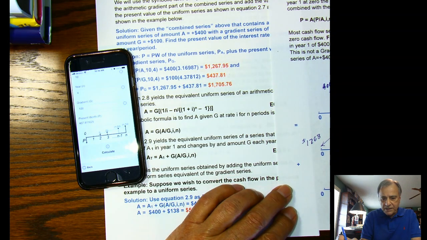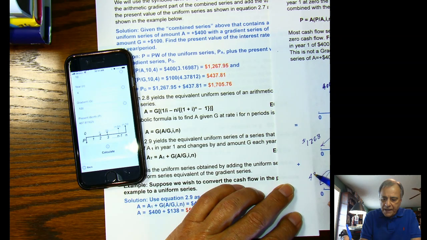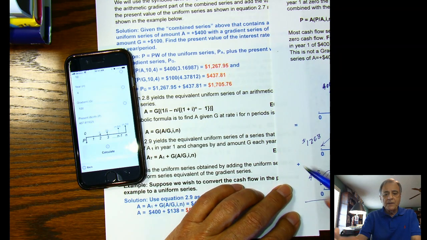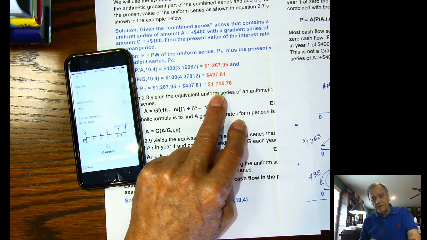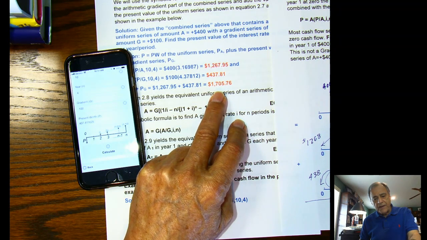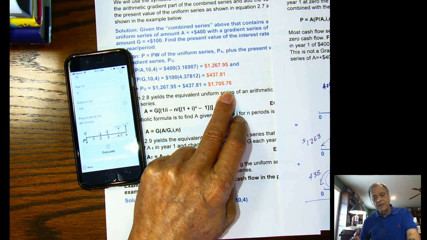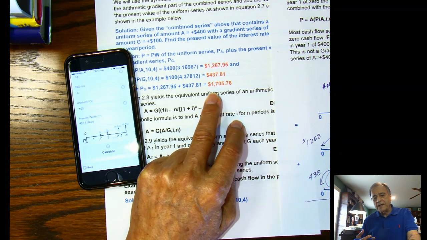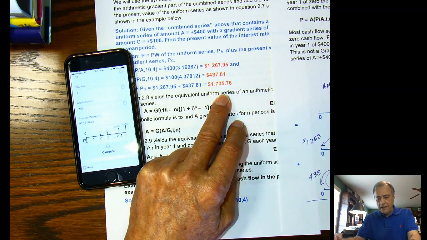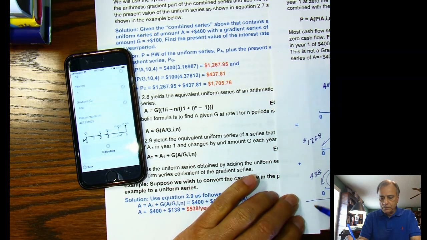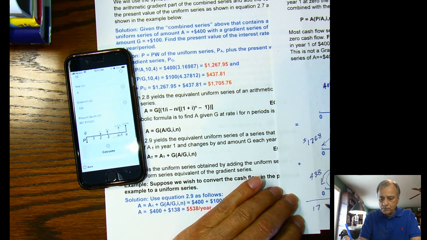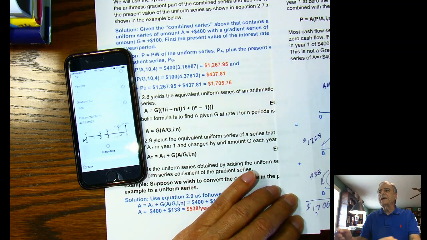Then the present value of this series, bringing it back to the present time, was 438, again rounding off to dollar value. If you add those together, you get $1,705.76, which we would round off to $1,706, and that would be the sum there. So that's the way that would look.